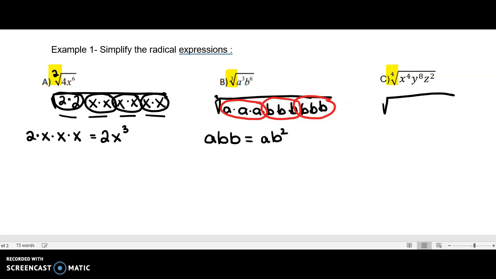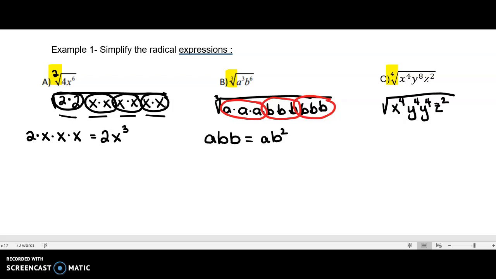So x to the 4th is already its own group of 4. y to the 8th can become y to the fourth times y to the fourth, because 4 plus 4 is 8. And z to the second, I can't make a group of 4, so it just stays where it is.